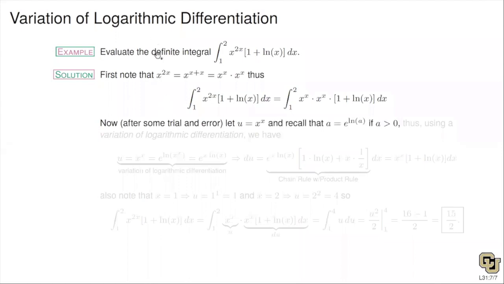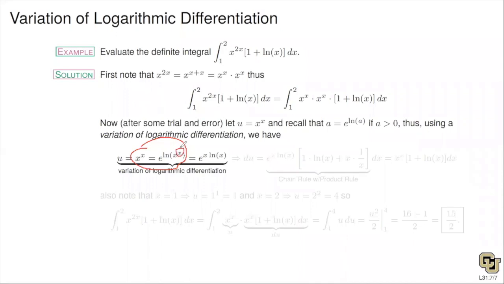Here, I want to use the fact that for any positive number, we can always write a equals e to the ln of a. Because e and ln are inverses, they cancel, and it just gives you back a. So I want to use this trick here. The x to the x, I'm going to write as e to the ln of x to the x.